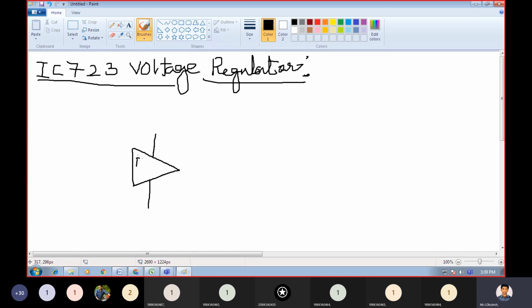This is the reference amplifier. This is the diode.